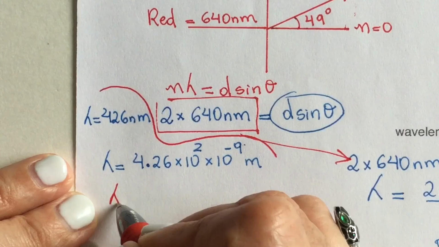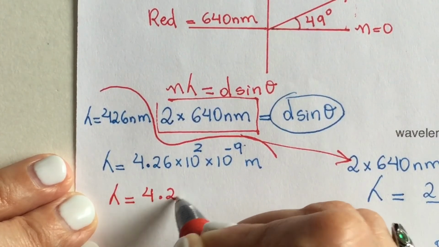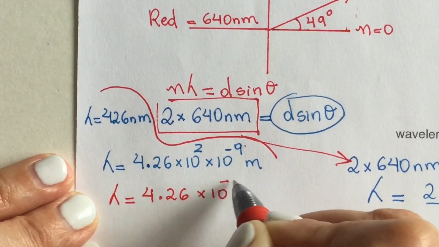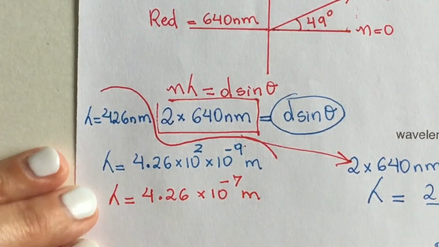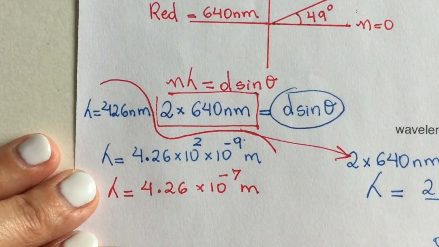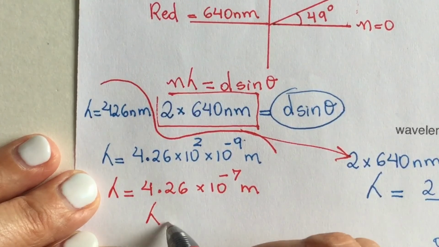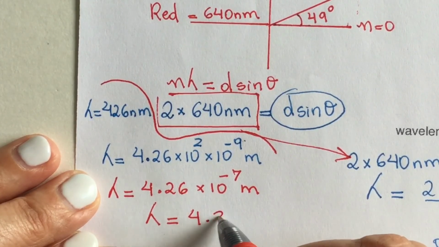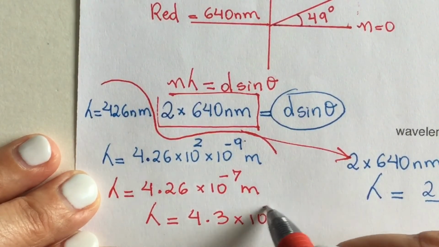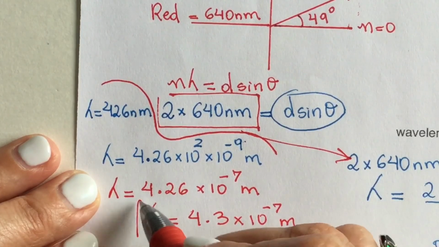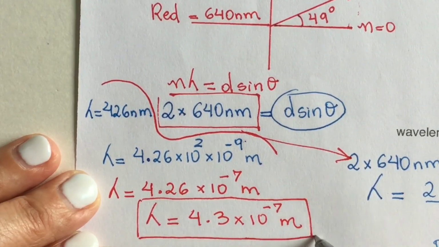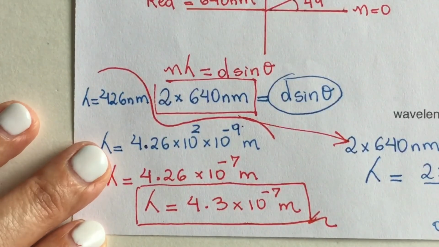So this is 4.26 times 10 to the minus 7 meter. And the mark scheme shows the final result as 4.3 times 10 to the minus 7 meter. So that is the answer, the official answer for this problem.